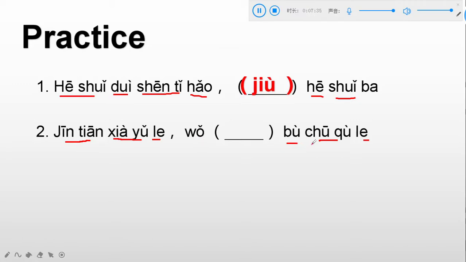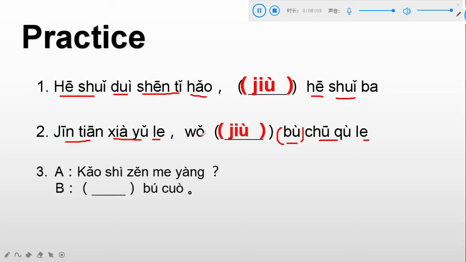I 不出去了。不, pay attention. 出去 is to go out. So 我就不出去了, because it's raining today. 就 is put here to indicate resolution.